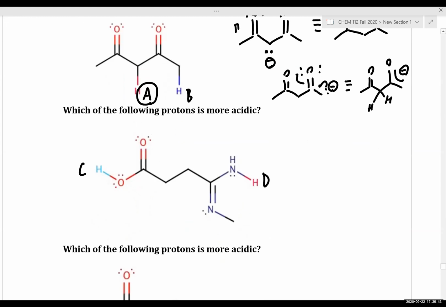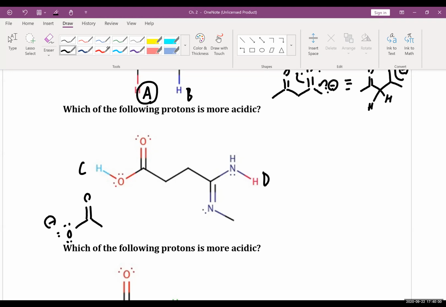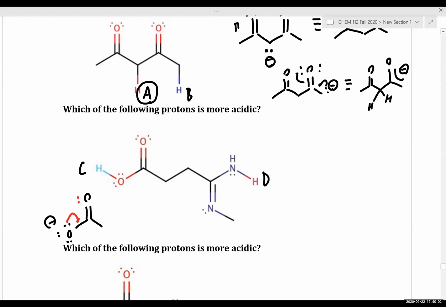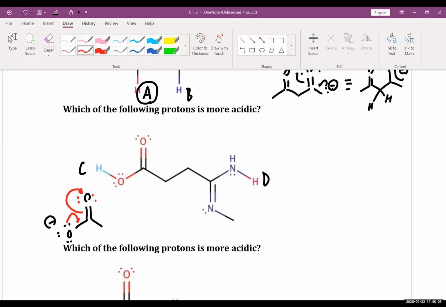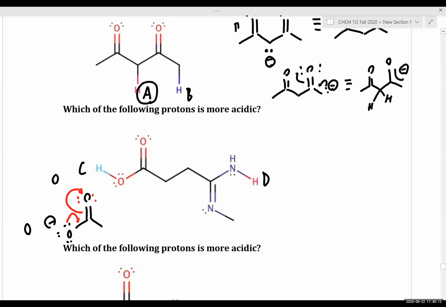Okay, so let's look at our second case. So we have 2 protons, and suppose that we generate our conjugate base anion. We are able to delocalize our anion across multiple electronegative atoms, in this case, 2 oxygen atoms.